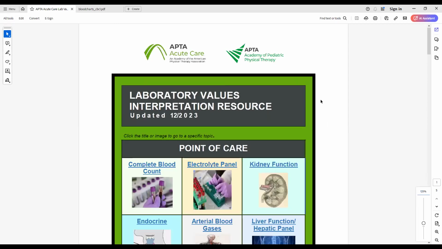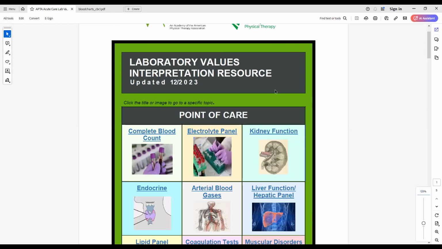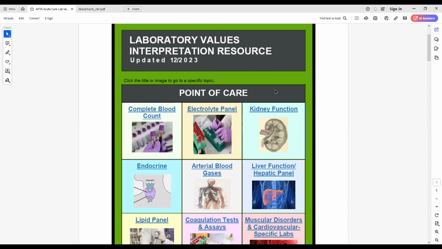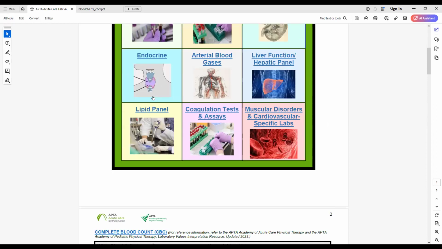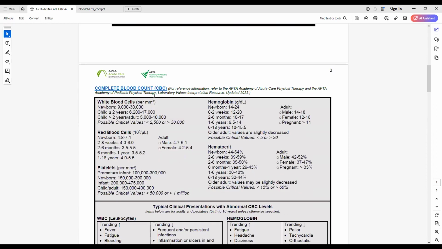These are the American Physical Therapy Association laboratory values for interpretation. We have different sections, but mainly we will see the complete blood count. We will not spend much time on that, but I want to show you white blood cells per millimeter squared in a newborn should be between 9,000 and 30,000.